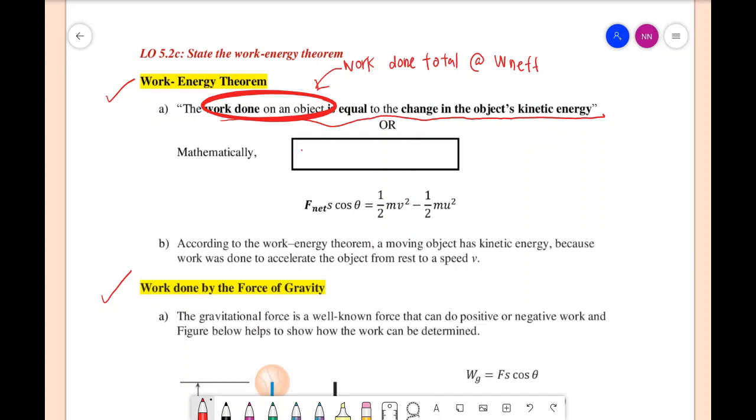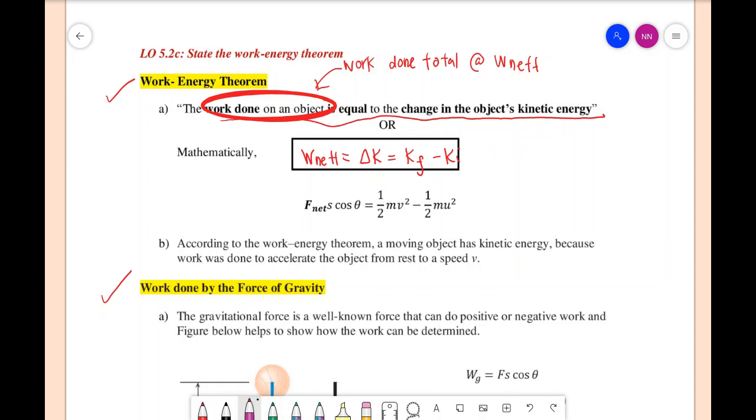So in formula, work net equals the change in kinetic energy, delta K, where delta K is kinetic energy final minus kinetic energy initial.